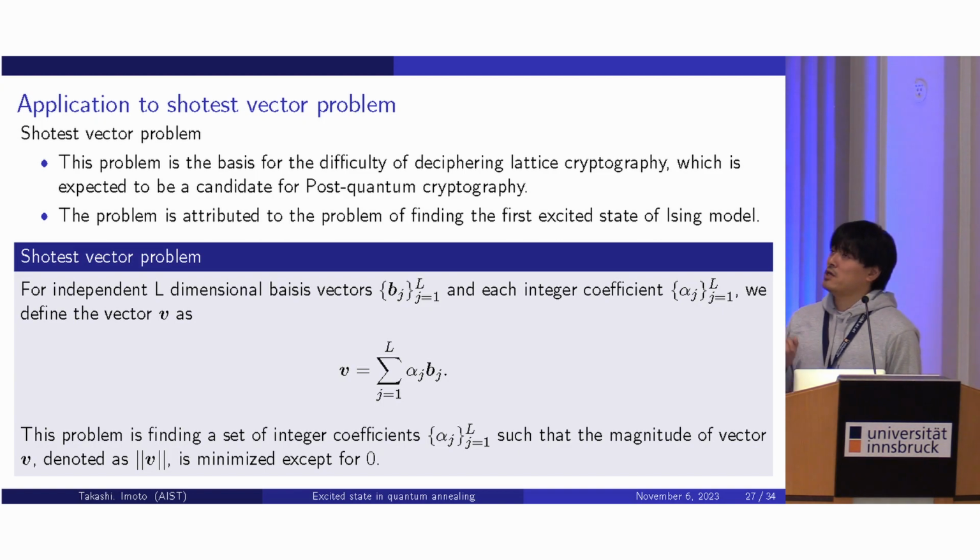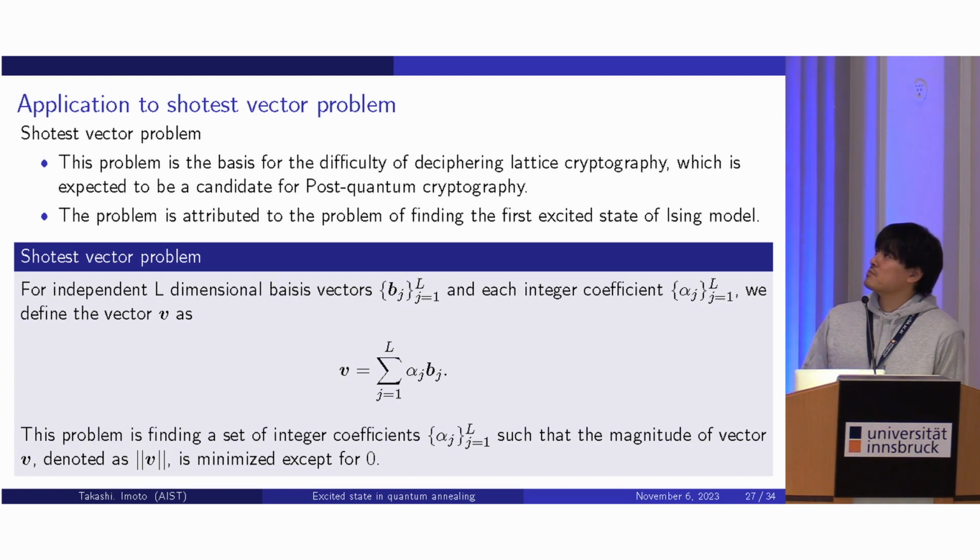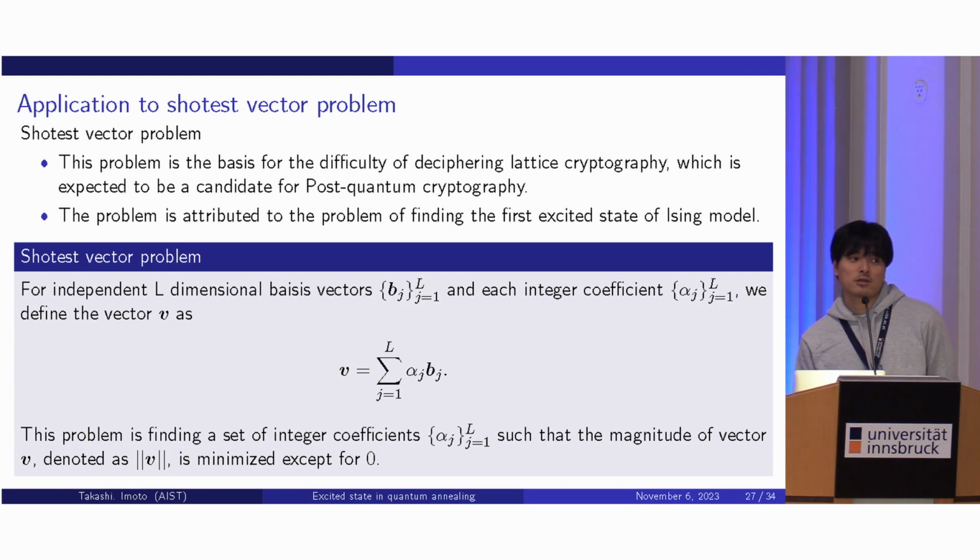So v is a linear combination of Bj such that the coefficient alpha j must be an integer. And this problem is finding a set of integer coefficients alpha j such that the magnitude of vector v is minimized, except for the zero vector.